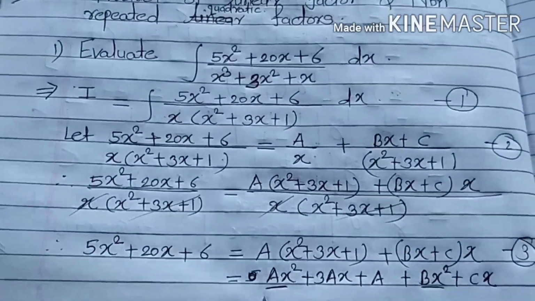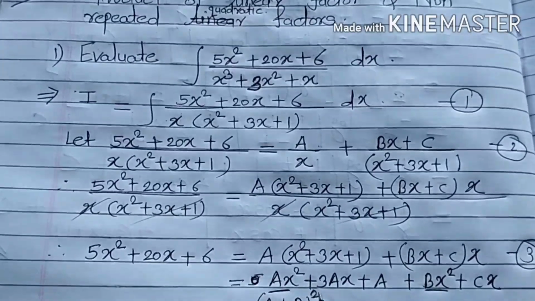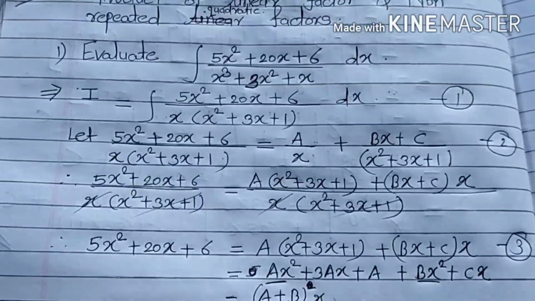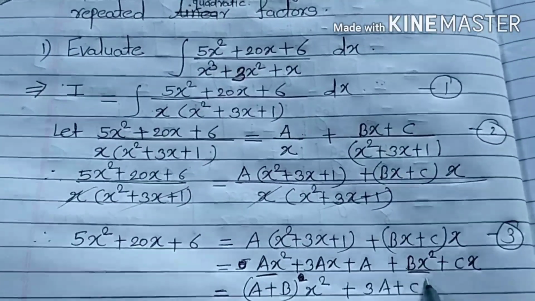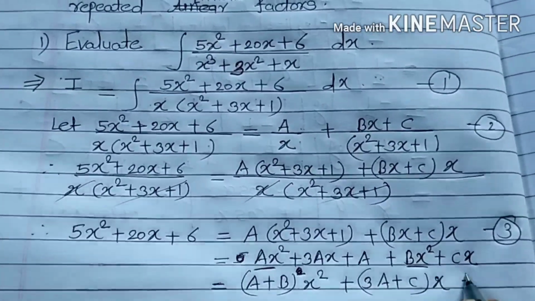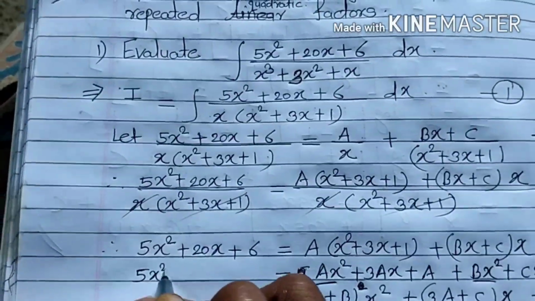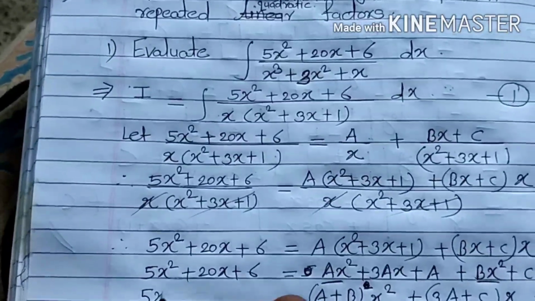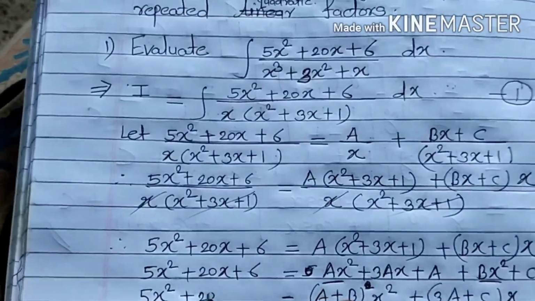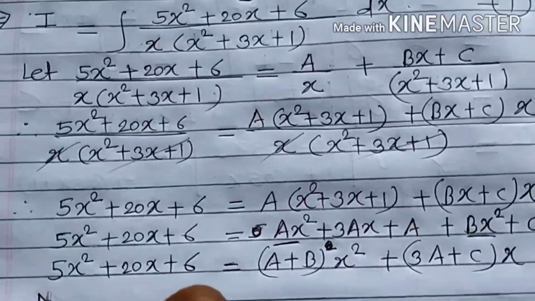Take (a plus b) into x square plus (3a plus c) into x, and this is equal to 5x square plus 20x plus 6.